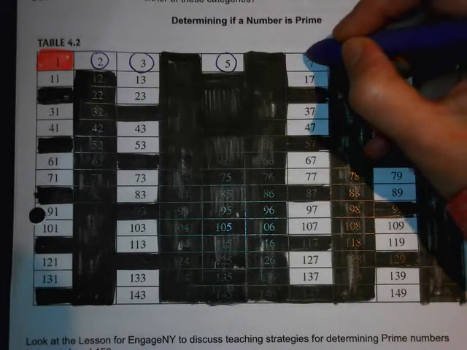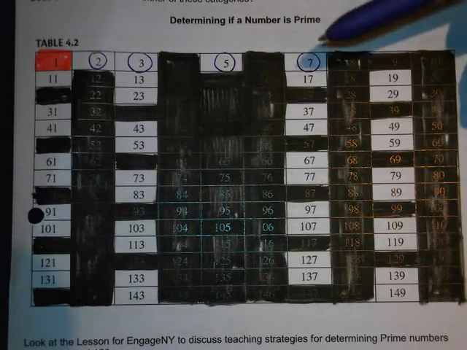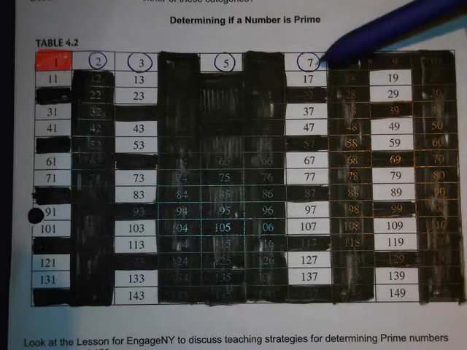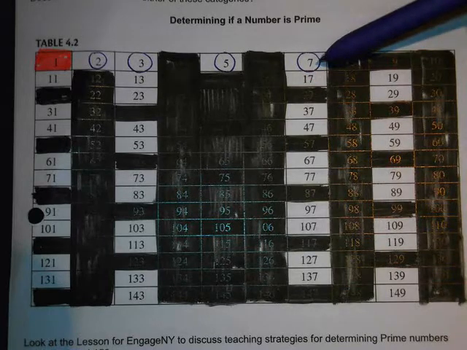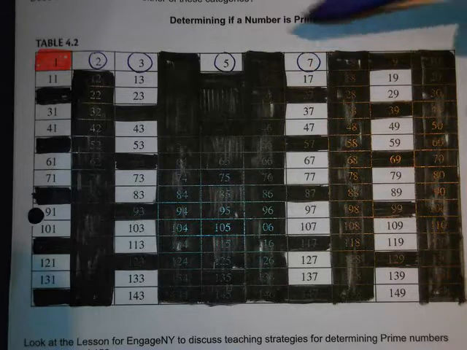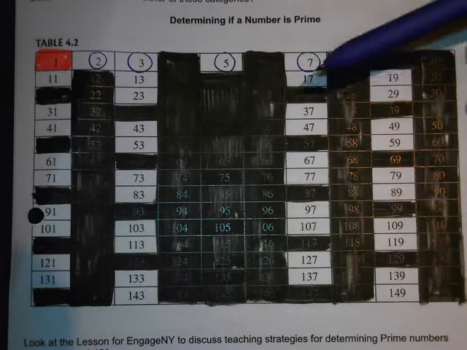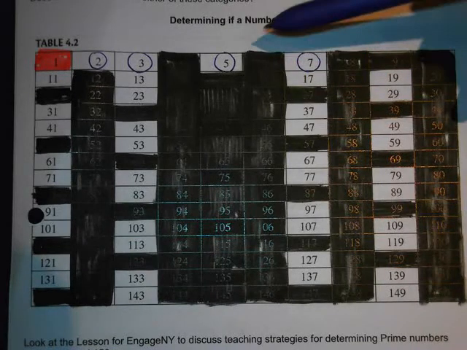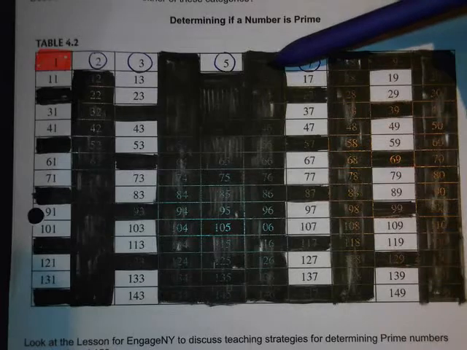All right. So where do I need to start looking at the chart for the first number that's divisible by 7? Now think about this. I've crossed off all the multiples of 2, 3, 4, 5, and 6, right? I've already crossed off all the multiples of 6, technically, because I crossed off all the multiples of 2 and 3.